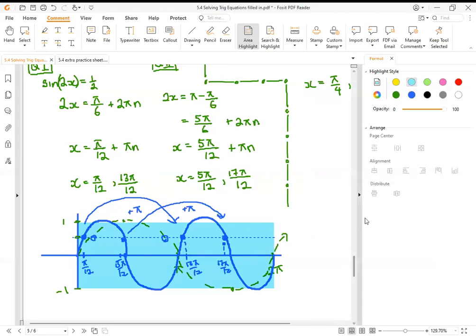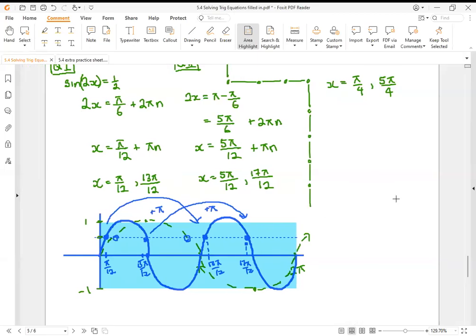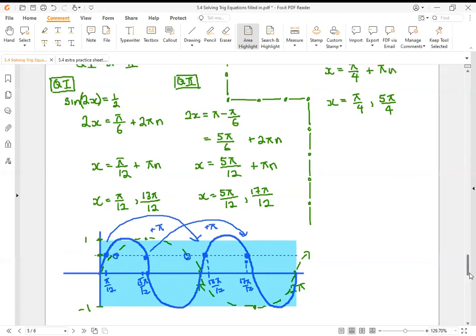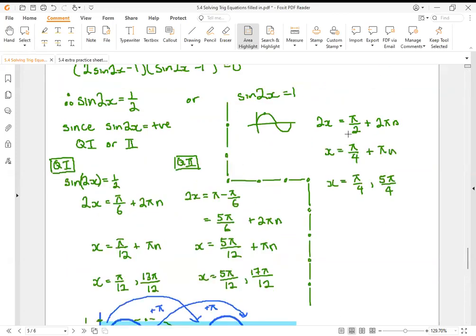I hope that you will be able to make sense of that. Okay? And the same applies for here. I only had 1 answer, but because I've smushed it, I have 2 locations where I hit a maximum of 1. Okay?